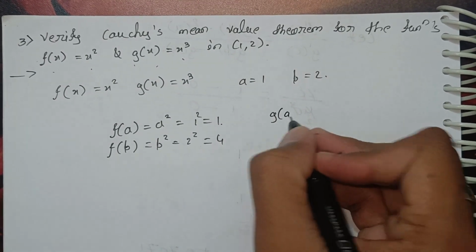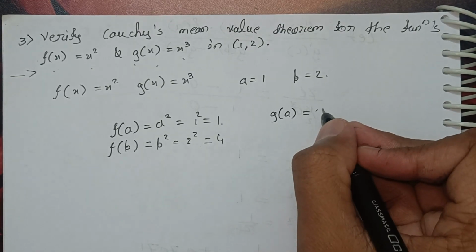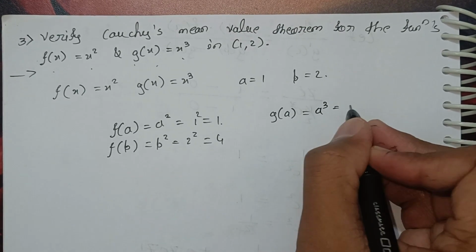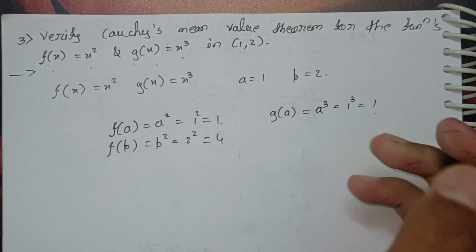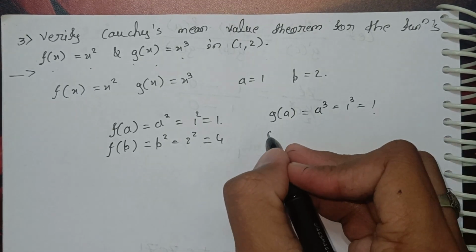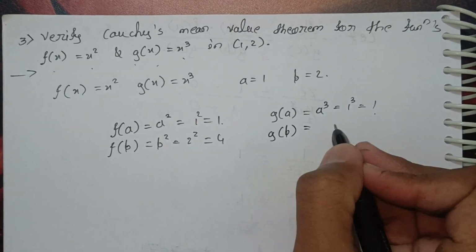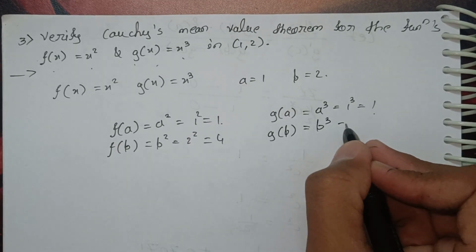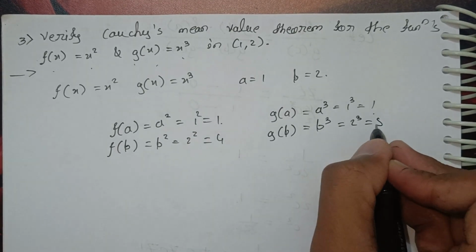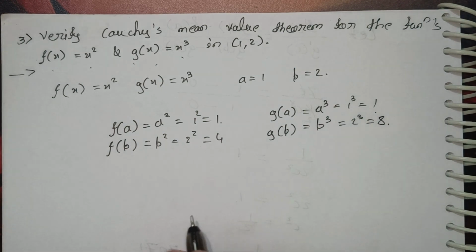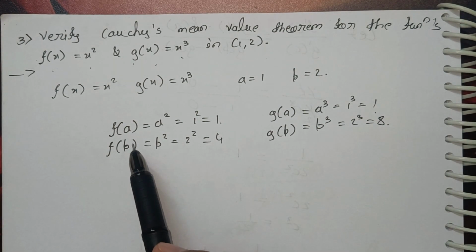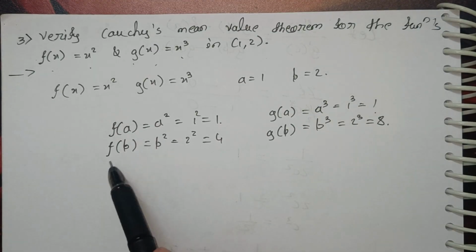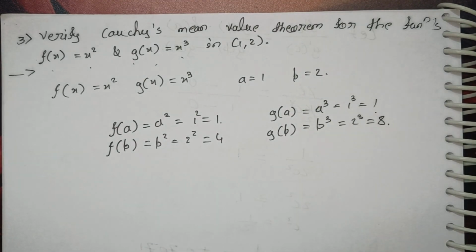And g of a is a cube, equal to 1 cube, which is 1, and g of b is equal to b cube, which is 2 cube, that is 8. So we got the continuous functions of a and b with respect to f and g.